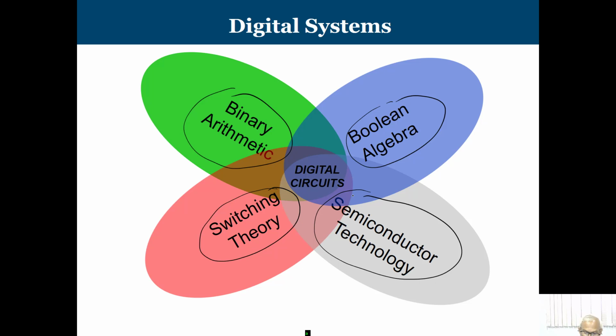So the intersection of these 4 areas is going to give us the digital circuit. When we discuss digital circuits, we should have knowledge in these 4 domains, and it is the intersection of those 4 domains.